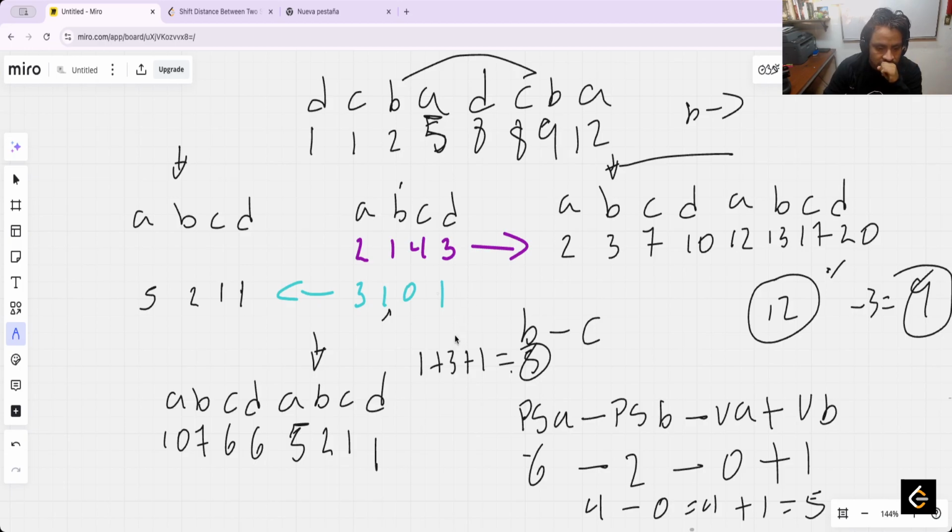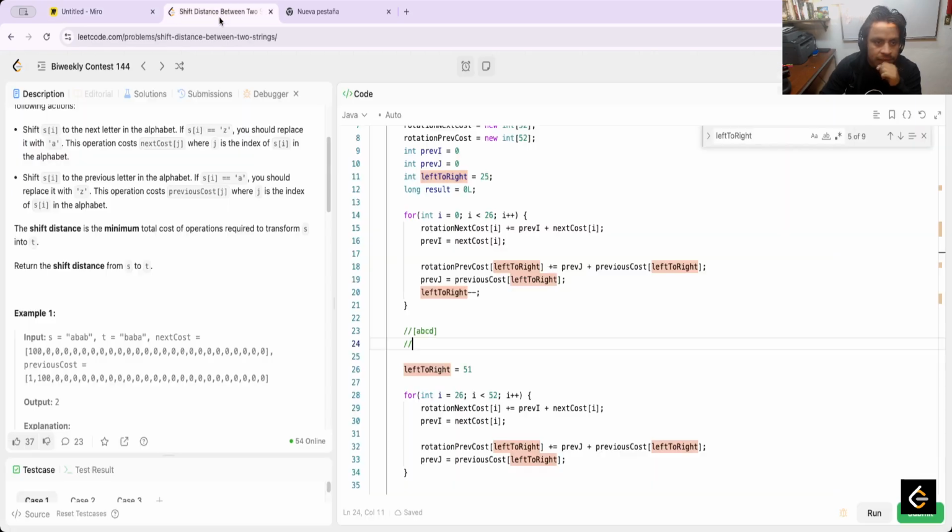And now, okay, now here the first point is to fill these arrays. In this case this is wrong. This should be 51 because it's the index. Yeah, and do this operation. Now it's done.